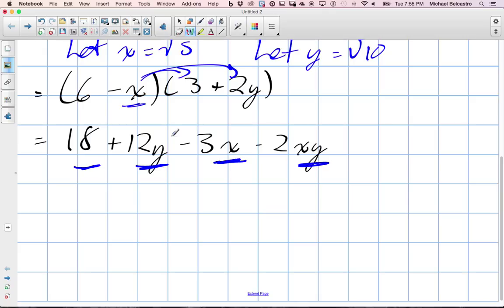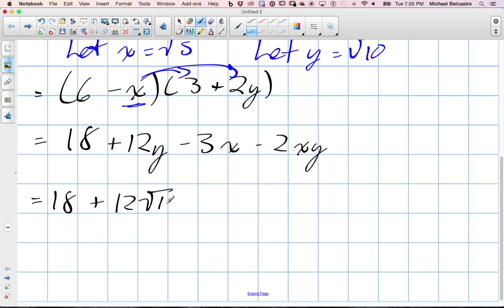So what I'm going to do is plug the radicals back in, and that's sometimes just a trick to work with the foiling and the expansion. Remember, the x was root 5. So we now have 18 plus, the y was root 10, so 12 root 10. We just replace the y with root 10. The x was root 5, so we have negative 3 root 5.